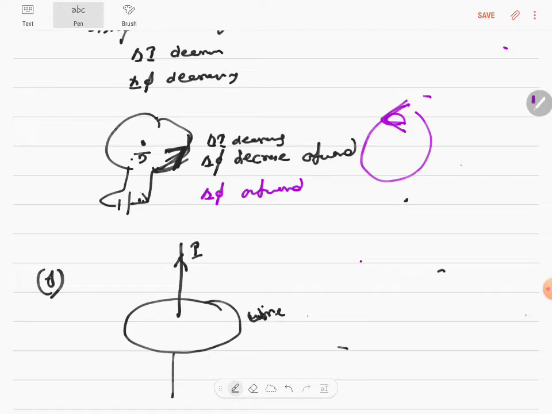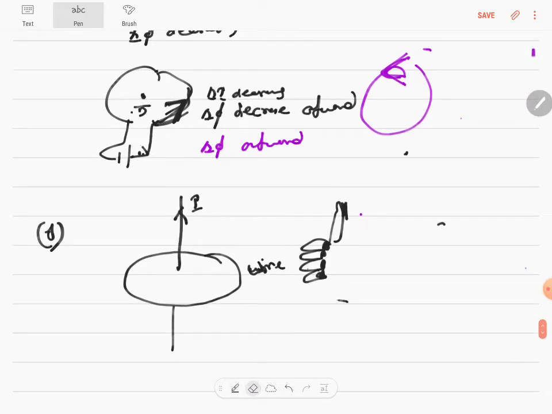Therefore, point your thumb in the direction of the current. The curled finger, with the nails, will point the direction of the magnetic field. The magnetic field lines here are in the same plane as the circular loop.